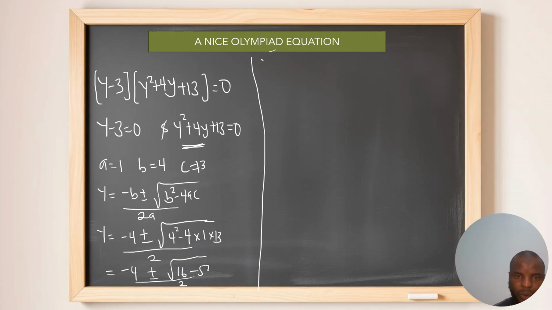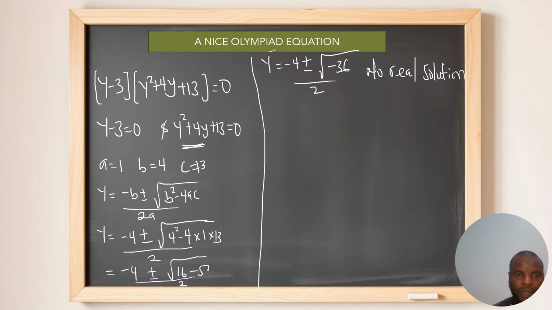Simplifying further, y equals minus 4 plus or minus the square root of 16 minus 52, which is negative 36, over 2. So here you have no real solution for y.